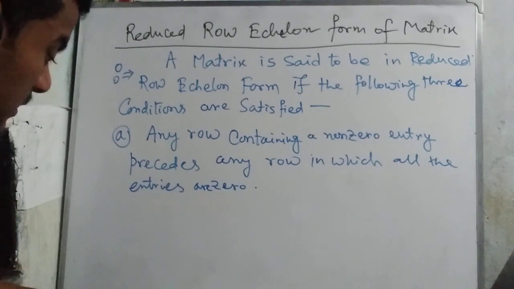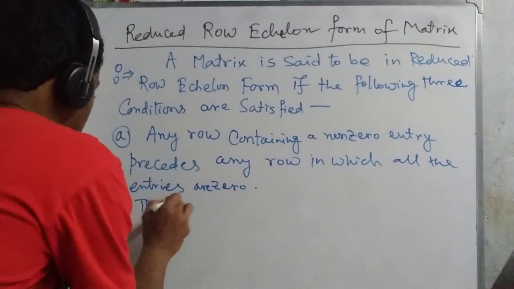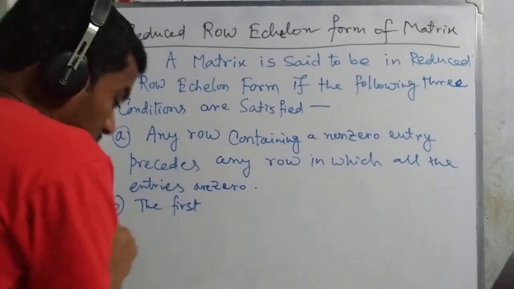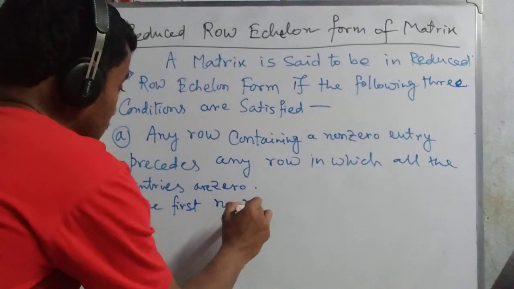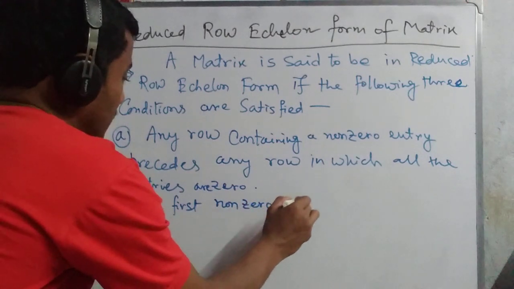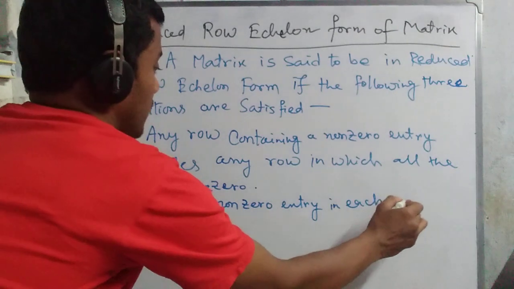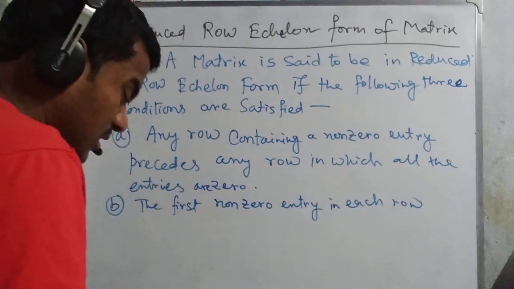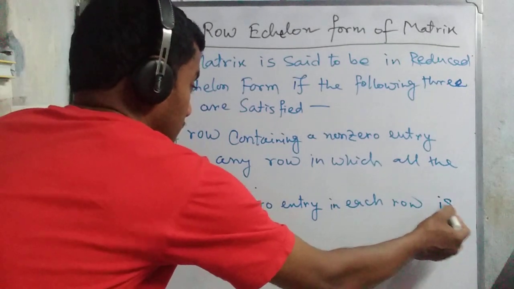The next option, B: the first non-zero entry in each row is the only non-zero entry in its column.